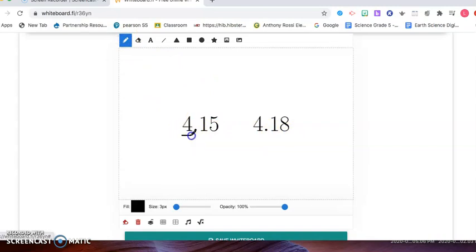So if you notice, the 4 is the same, so that doesn't help us. The 1 is the same, that does not help us. So we have to look at the hundredths place. We have a 5 and we have an 8. And we know 8 is definitely bigger than 5. So 4 and 1500ths is less than 4 and 1800ths.